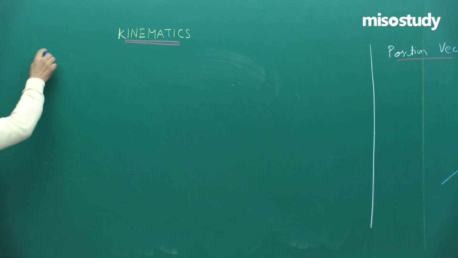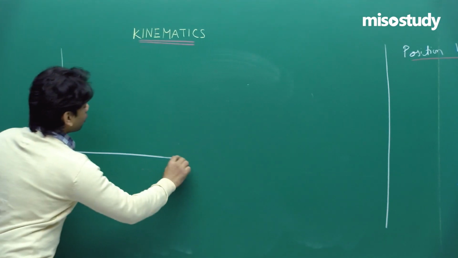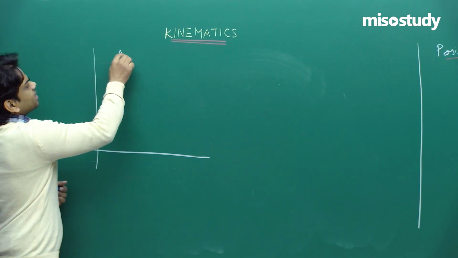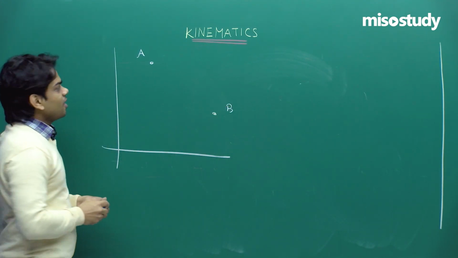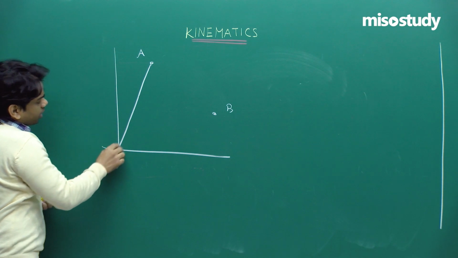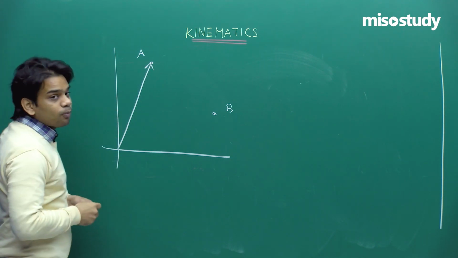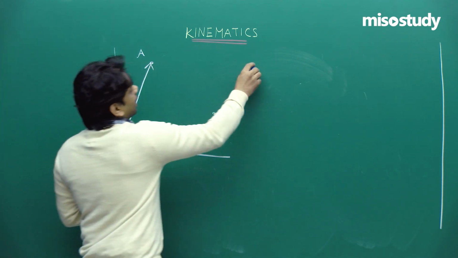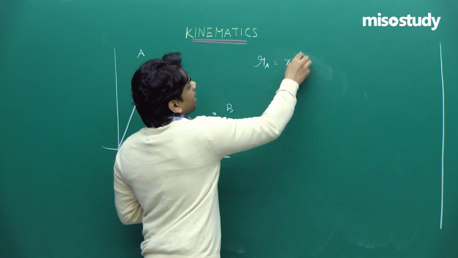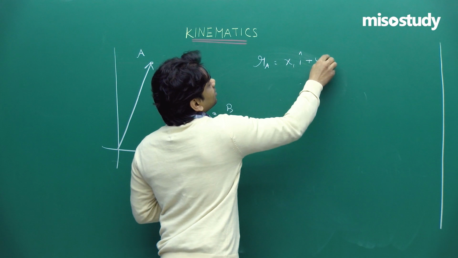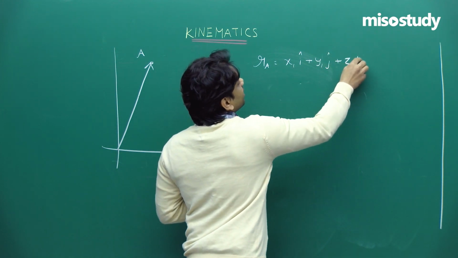What you do, you draw the initial point of the particle, let's say it's A here, and let's say after some time it moves to this point B. The position vector of point A is given as RA, that is equal to x1 i cap plus y1 j cap plus z1 k cap.